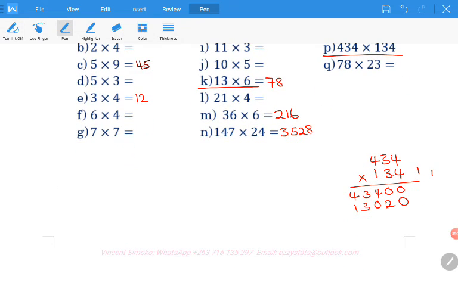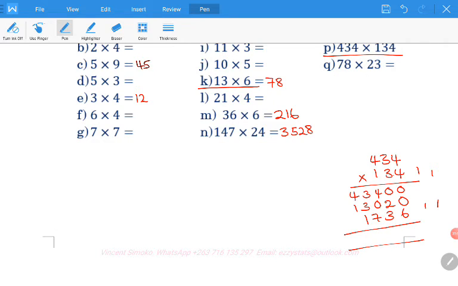Then we go on to the units. 4 times 4 gives us 16, so it's 6 carry 1. 4 times 3, that's 12 plus 1, that's 13, so it's 3 carry 1. 4 times 4, that's 16 plus 1, that gives us 17. So then we add these three numbers.